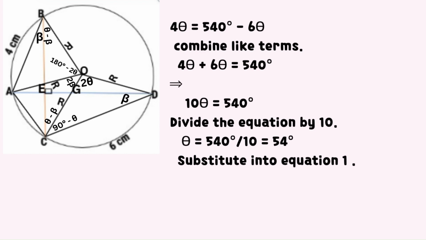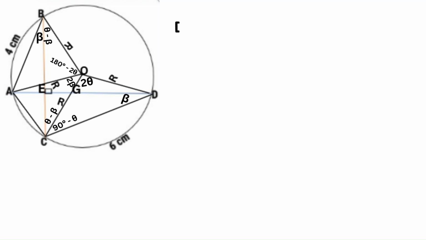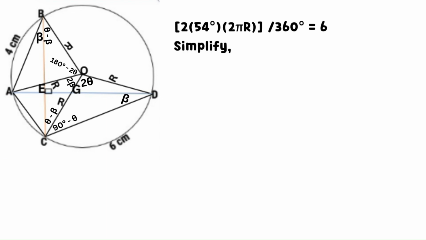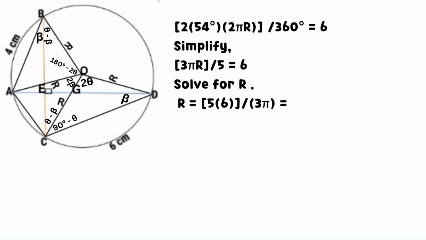Substitute into equation 1. Two times 54 degrees times 2 times pi times r, divided by 360 degrees, equals 6.